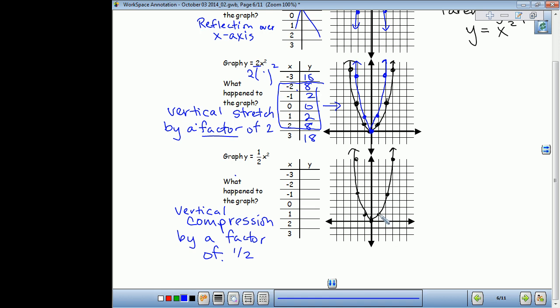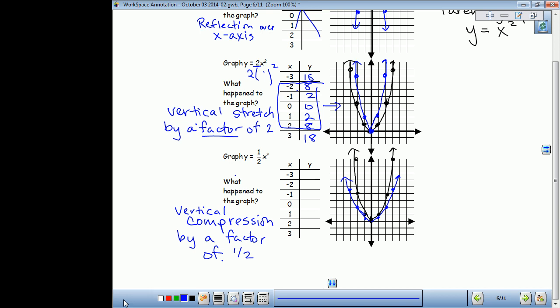So this 1, when I multiply by a half, it's going to come down here to a half. This 4 is going to go down to 2. This 9 is going to go down to 4.5. And then the same thing is going to happen on the other side of my graph. So do you see how it kind of pressed it out? Vertical compression.